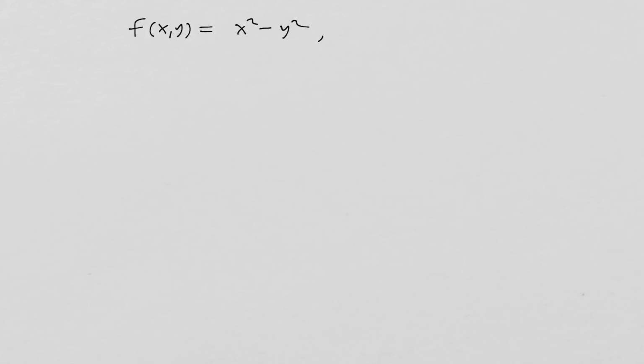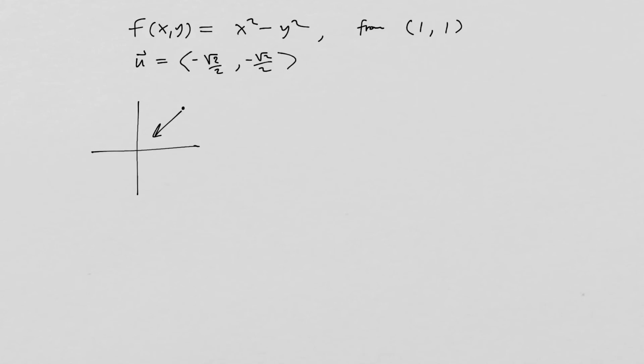I'm going to go from the point (1, 1), okay? And I'm going to look at u being here, and I want to look at the point going in the negative diagonal direction there, so it's going to be negative root 2 over 2 and negative root 2 over 2, like that.